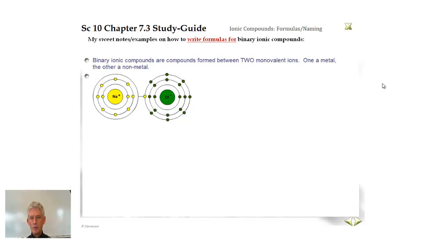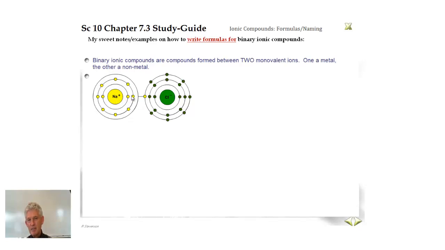A typical example would be something like sodium chloride. If you look at the periodic table, you'll notice sodium has 11 electrons, 2 in the first shell, 8 in the second. That leaves 1 in the third shell. It doesn't like that. It wants to satisfy the octet rule, which says we have to have a full outer shell. So the only way it can have a full outer shell is to give up this electron and become a sodium ion, Na+.